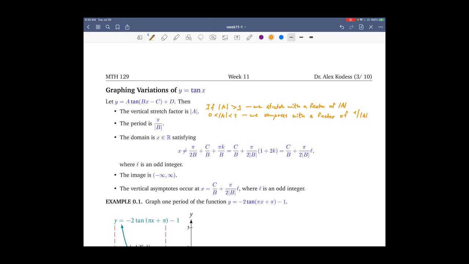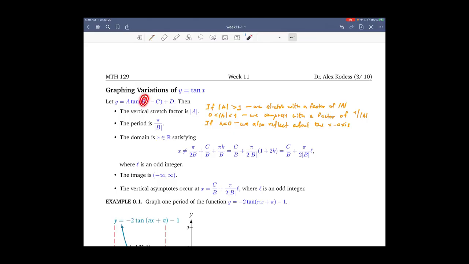And of course, if a is negative, we also reflect about the x-axis. We know all that.